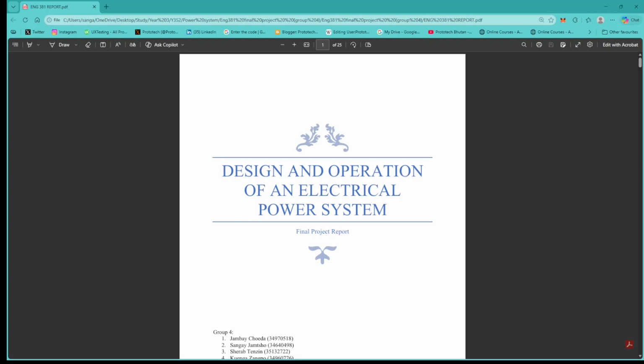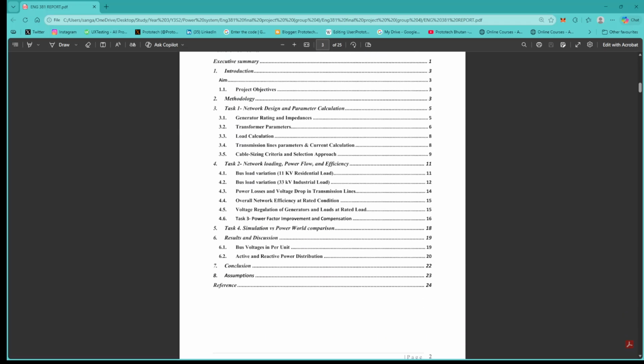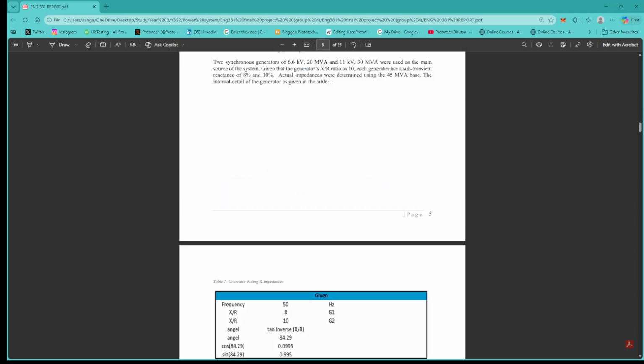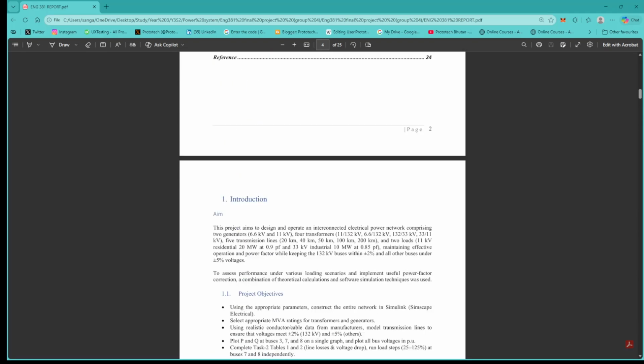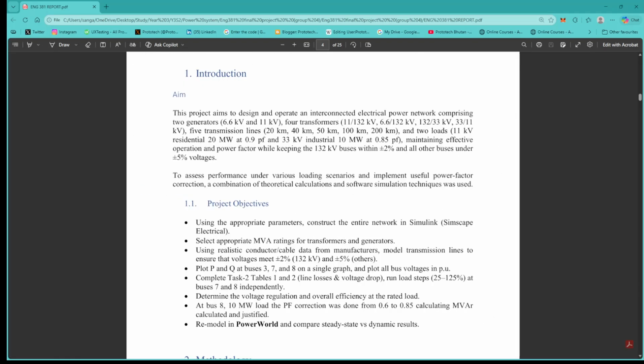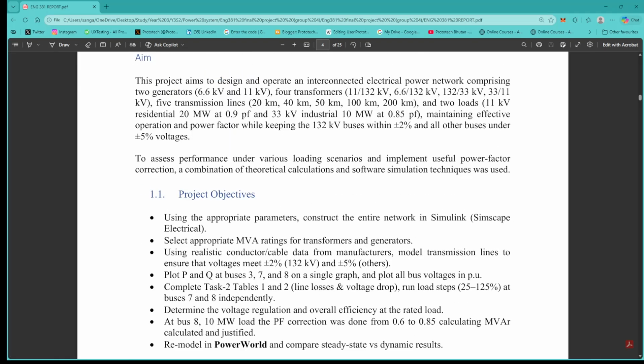The project title was Design and Operation of an Electrical Power System. The project aim is to design and operate the interconnected electrical power network, which has two generators, four transformers, five transmission lines, and two loads, residential and industrial.